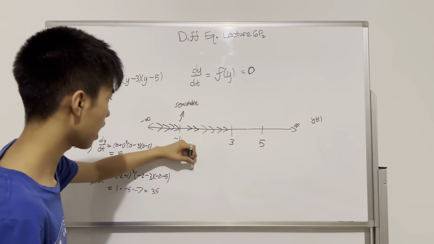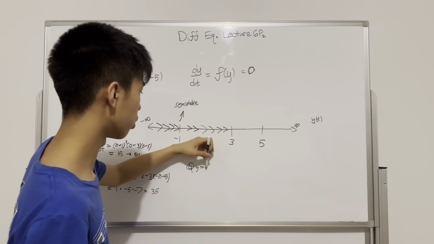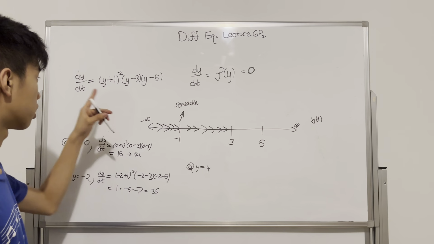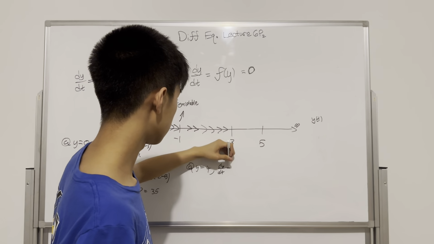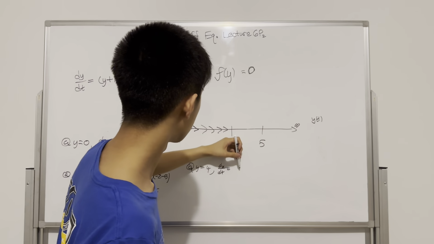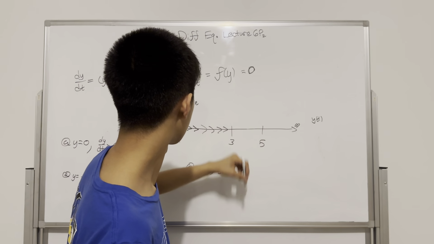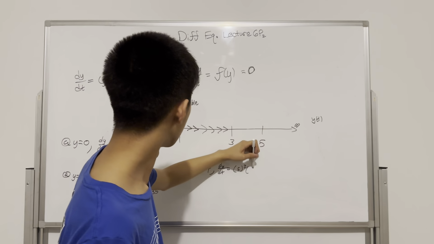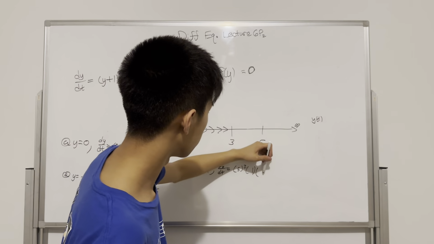At y equals 3, let's try y equals 4. dy/dt equals 5 squared, times 4 minus 3, which is 1, times 4 minus 5, which is negative 1.